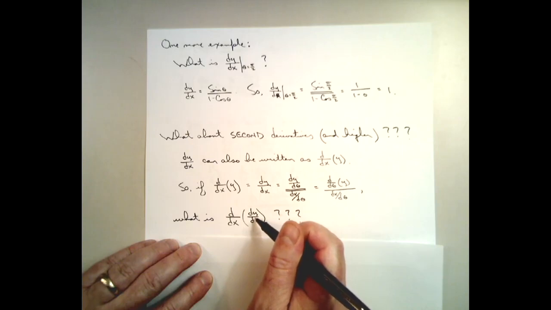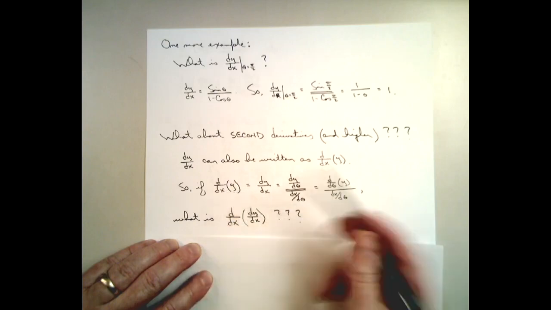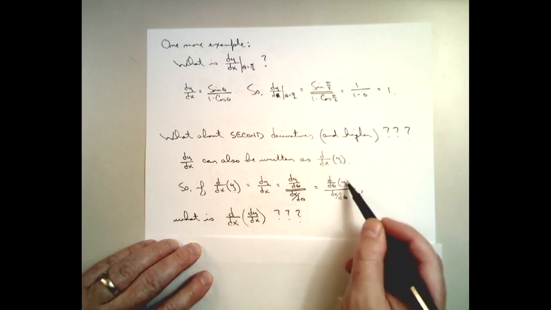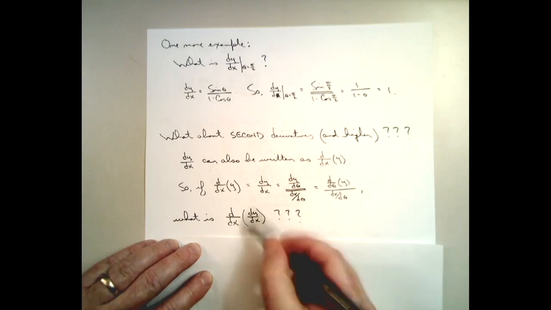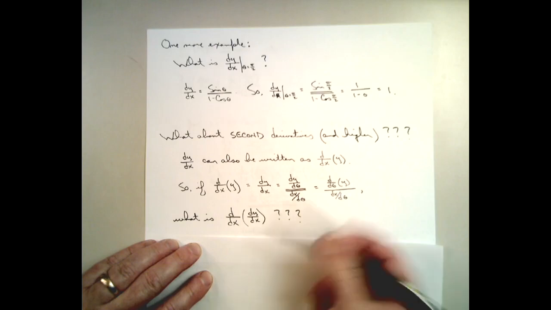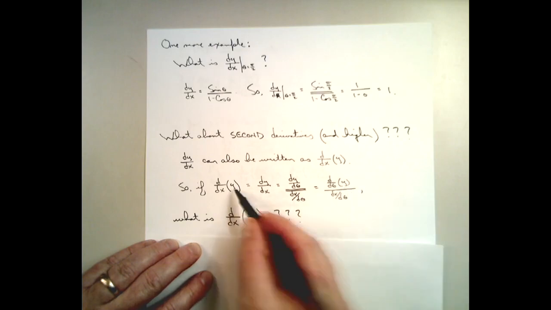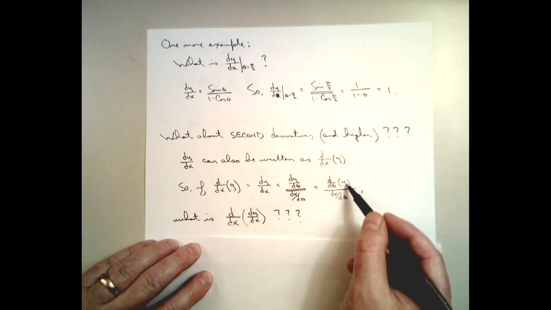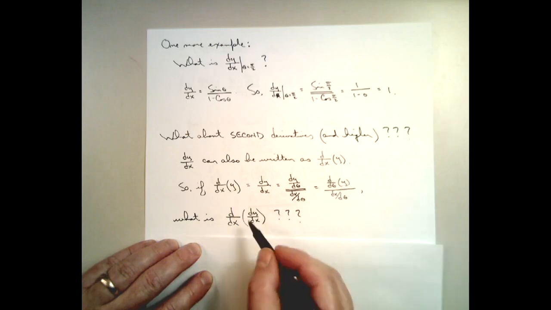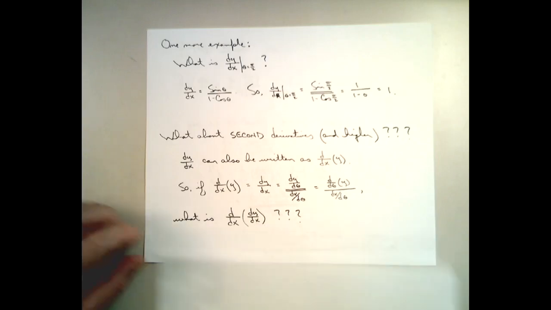And I'm going to calculate it by, let's see, so the derivative with respect to x of a thing is the derivative with respect to theta of the thing over dx d theta. Well, now the thing is dy dx. And so I'm going to write exactly this down again, except instead of y being the thing I'm taking the derivative of with respect to theta, it's dy dx I'm going to be taking the derivative of with respect to theta.